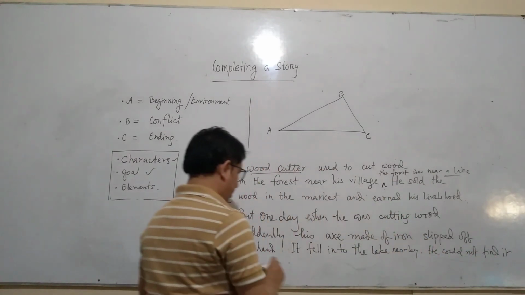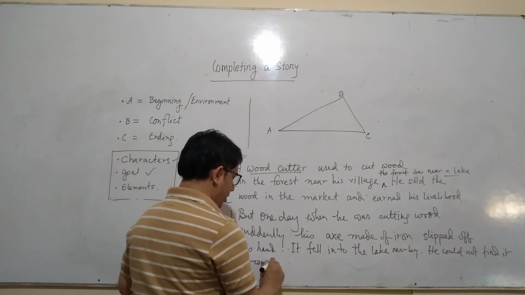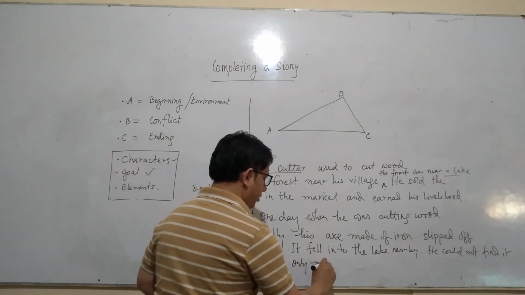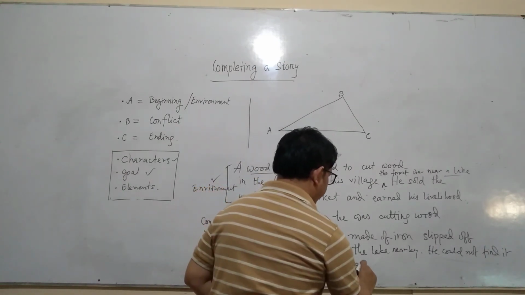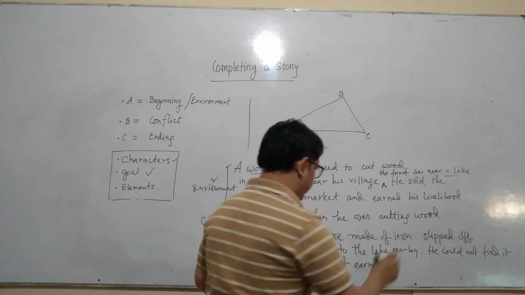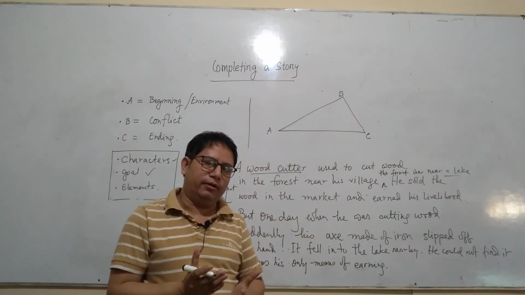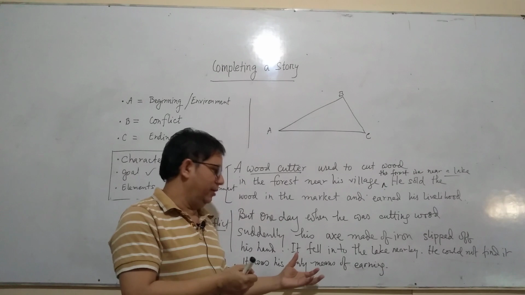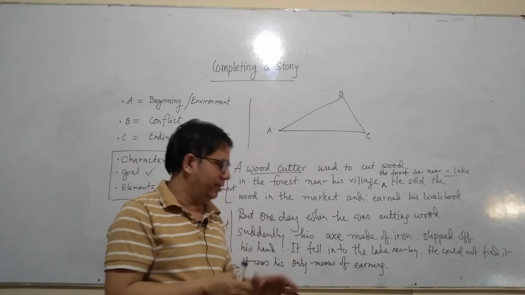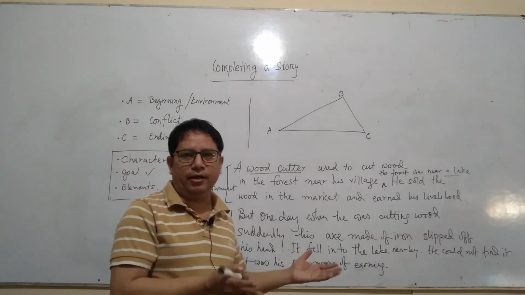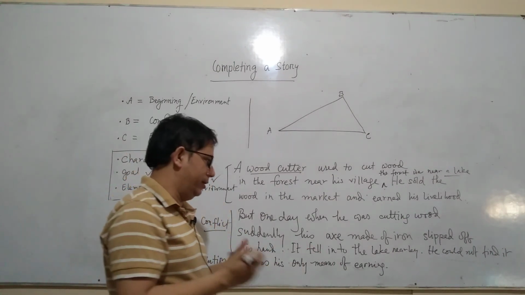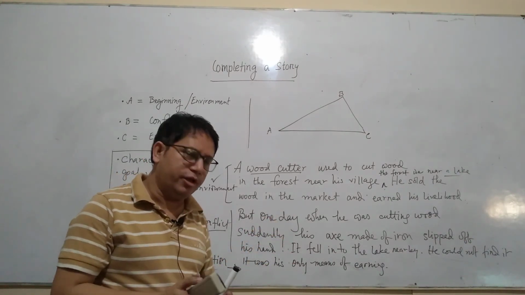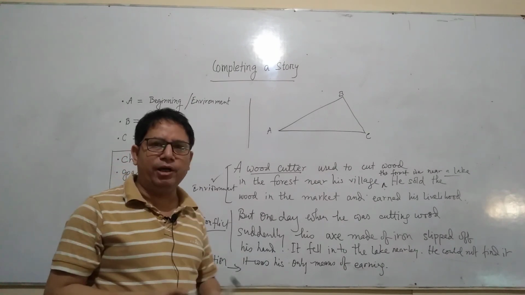It was his only means of earning, because he is a woodcutter, and his only tool to cut the wood is the axe. So he had nothing else to live his life. So at this moment, we can see the solution is there, when he was crying, when he was weeping.